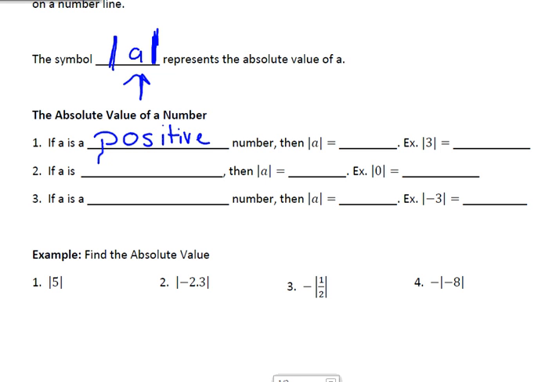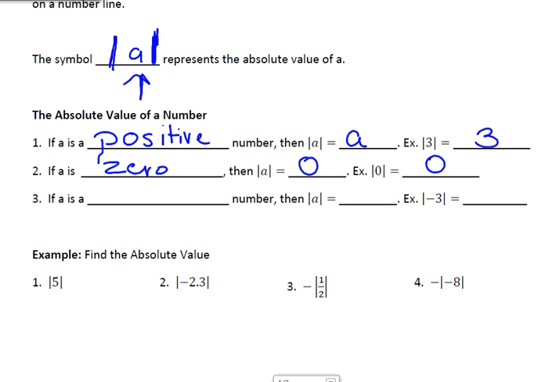If A is a positive number, then the absolute value of A equals A. So our example here is the absolute value of 3. Okay, so the absolute value of 3 is 3. If A is 0, then the absolute value of A is 0. So our example here, the absolute value of 0 is 0.